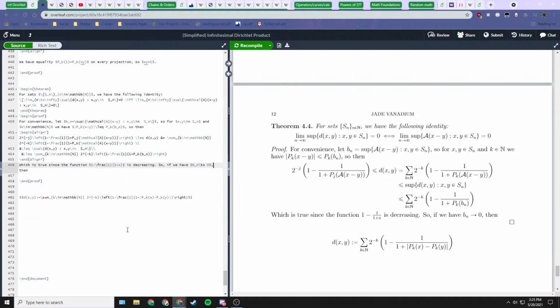So if we have b sub n tending to 0, then the supremums of this distance function also tend to 0, which is the first direction.